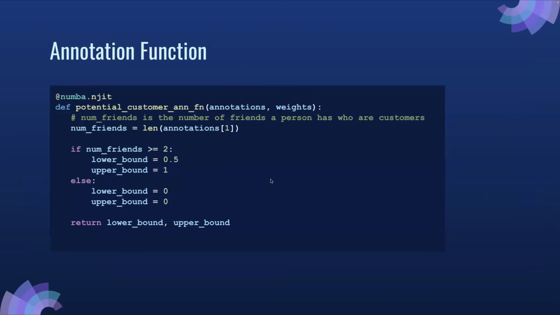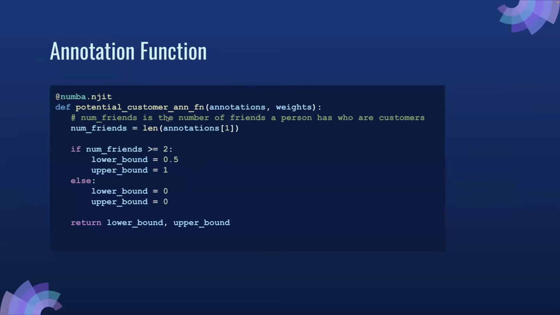So in our case, if we remember our rule function, our potential customer rule had an annotation function, potential customer annotation. If all the clauses in the potential customer rule were met, then the bounds of the head of the rule, so potential customer, would be altered in the following way.